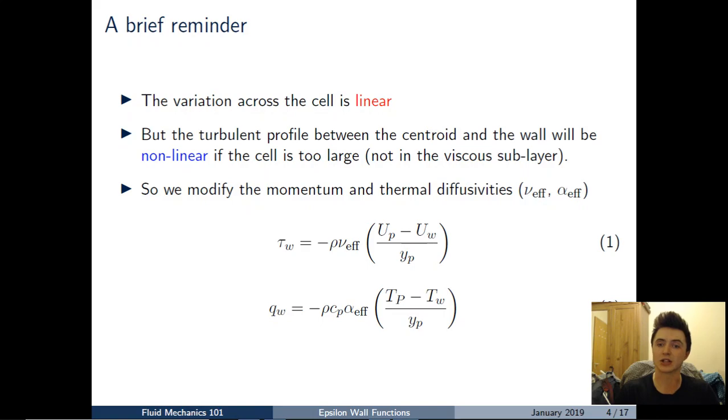And if the cell is too large, so not in the viscous sublayer, then we'll calculate the wall shear stress and the wall heat transfer incorrectly.